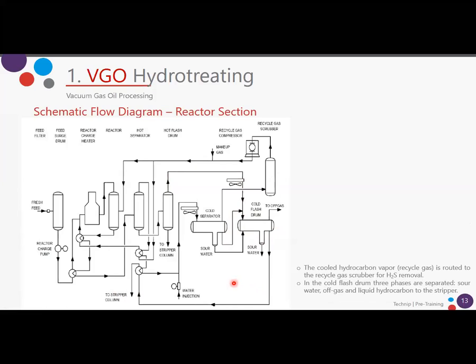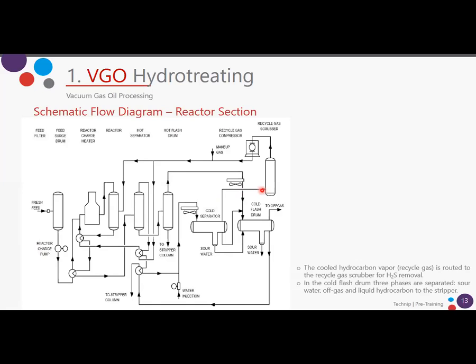So the cool hydrocarbon vapor, this is the recycled gas, is routed to the recycled gas scrubber for H2S removal. Okay, here you will have, of course, the hydrogen that comes from the reactor, but you will mainly also have another light component and H2S.